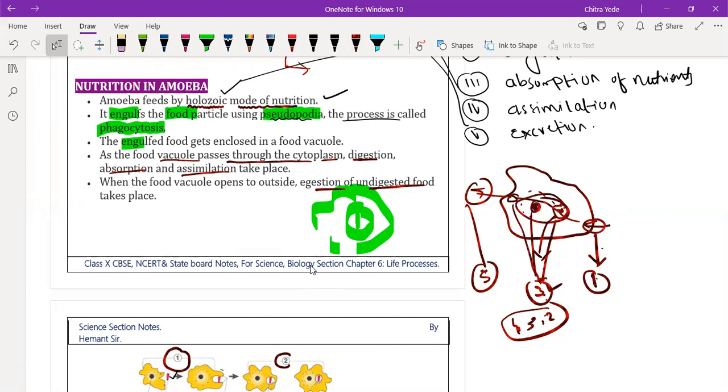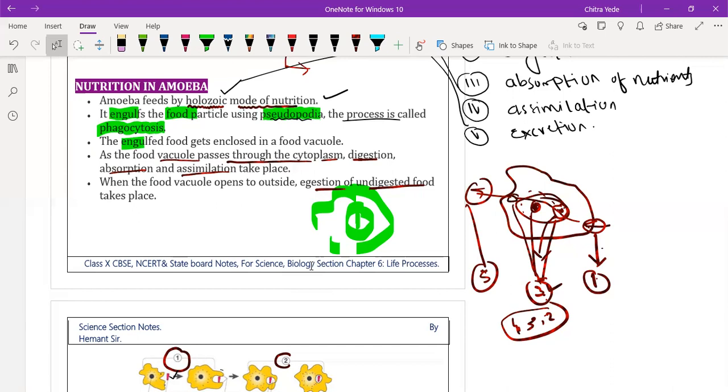Okay, beta. So this is the way amoeba takes food, and digestion, absorption, and assimilation of food take place during the process, and then the waste material formed during the process is removed out from the body. This process is called as egestion. So as we can see here, in case of amoeba, the holozoic process is very simple, because amoeba is a unicellular organism and has to perform all the life processes by one cell only.